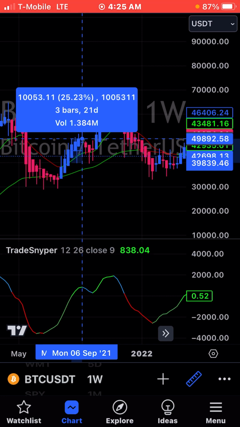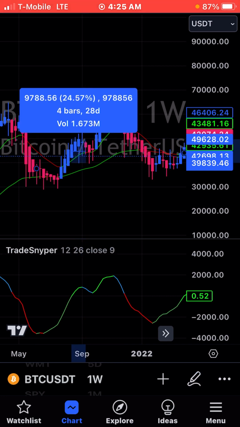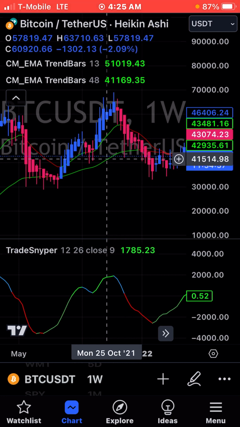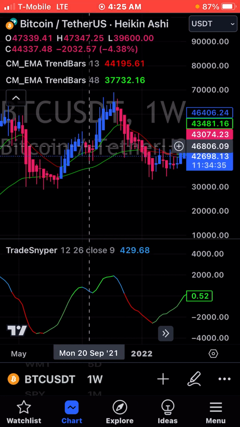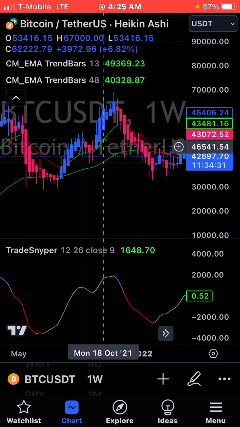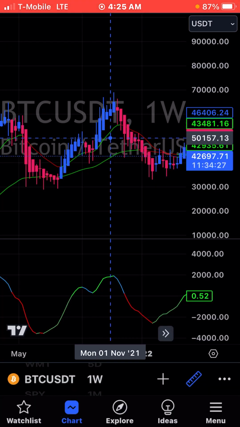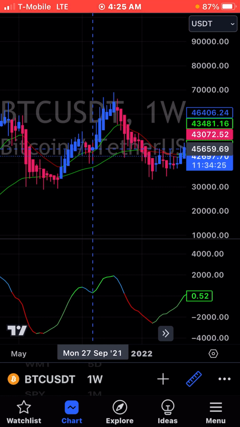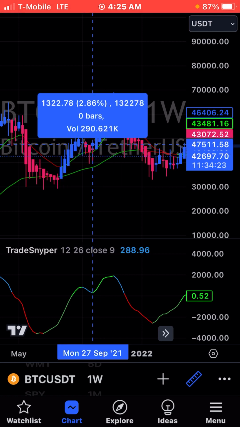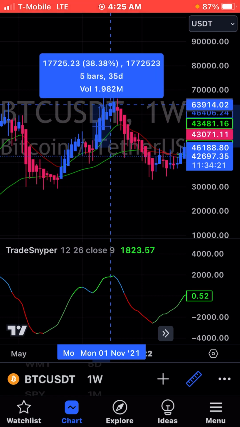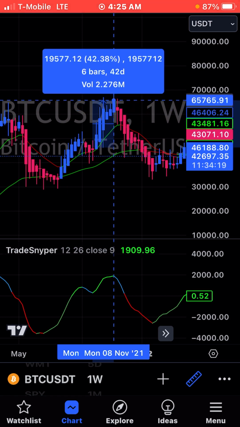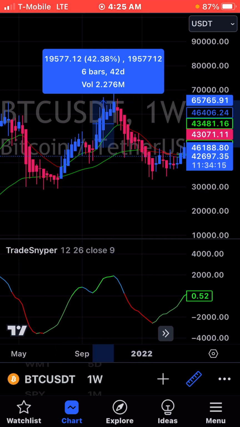This is a 25% increase. And then it cooled down a bit, and you don't enter when it cools down. You enter when it turns bright green or bright red, and you see it happening right here. And this was technically the bull run here. If you rode this out here to here, you would have made a 42% increase.